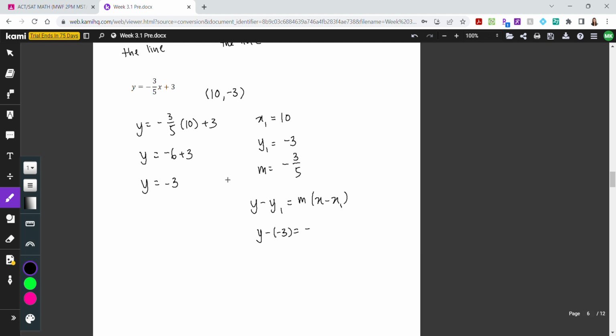So this is what we're going to get. And then since here is negative times negative, we're just going to open the parentheses, which would then finally give us y plus 3 equals negative 3 over 5 times x minus 10. And then this would be our equation in point slope form.